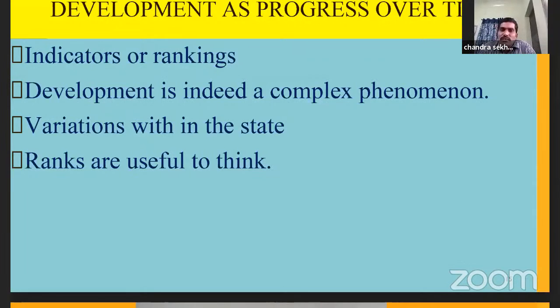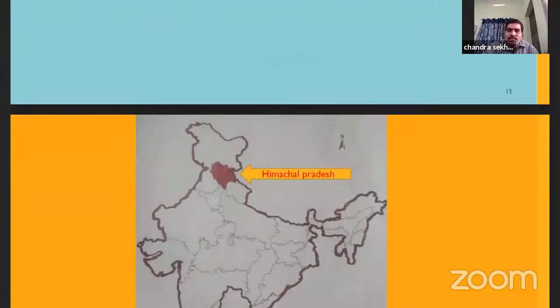Where drawbacks are there, we can think how to overcome those drawbacks by understanding these ranks. Like that, ranks are very useful for comparison and to prepare suitable developmental goals for the future. Okay, like that we can understand development as progress over time.